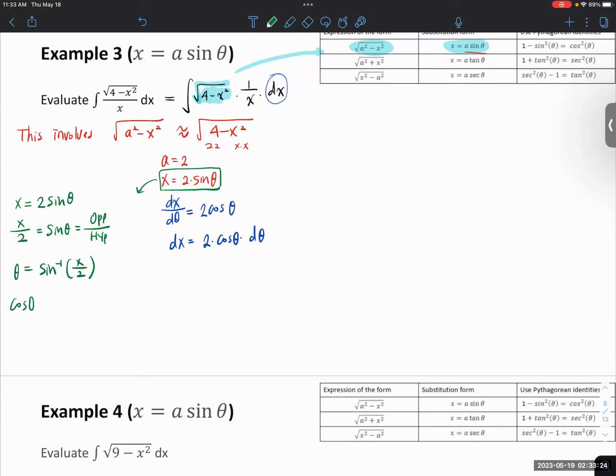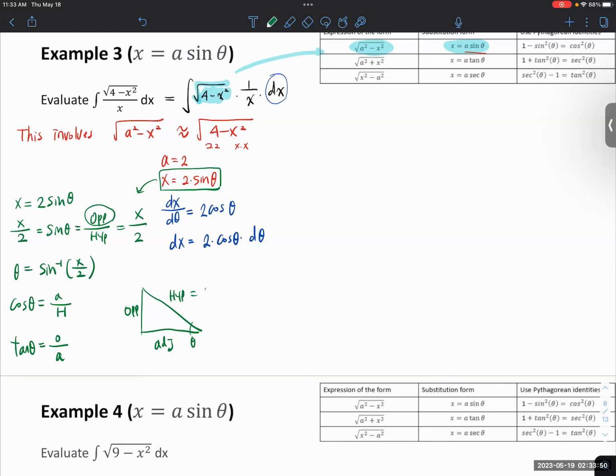So cosine theta is adjacent over hypotenuse. Tangent theta is opposite over adjacent. So if you think about it, we have the right triangle, and then this is the opposite, hypotenuse, adjacent. So opposite is x, hypotenuse is 2, x over 2.